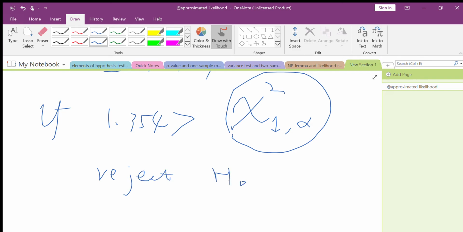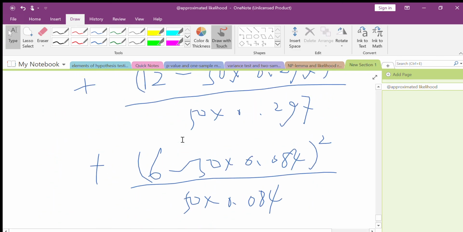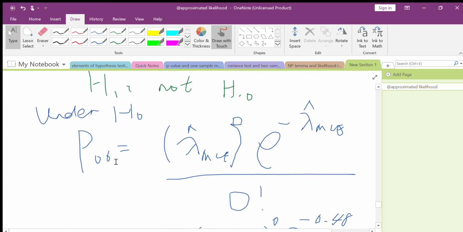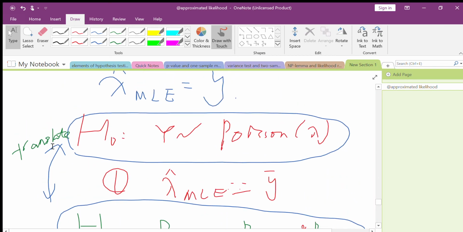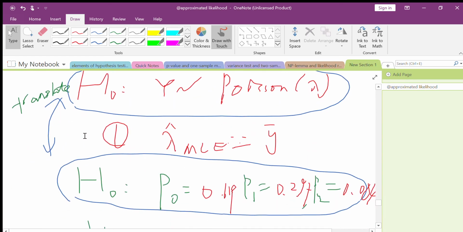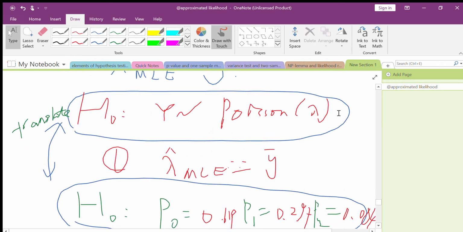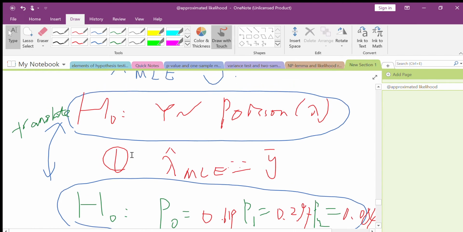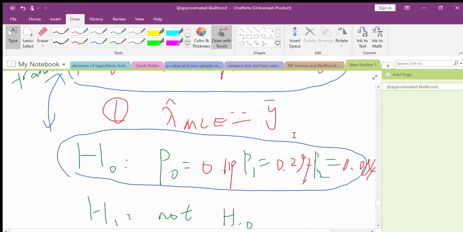Otherwise, we do not reject H null. So this is the first application of the chi-square test in the goodness of fit test. To do this, the key step is to translate the goodness of fit testing hypothesis to our chi-square test hypothesis by using the principle of maximum likelihood.